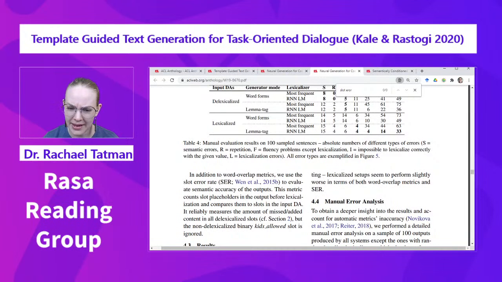And then it reliably measures the amount of missed/added context in all delexicalized slots, but the non-delexicalized binary slot is ignored. So if there's a slot that's going to be a word, or a string, or any type, if you were using Rasa, that gets counted, but slots that are just yes, no, don't get counted.